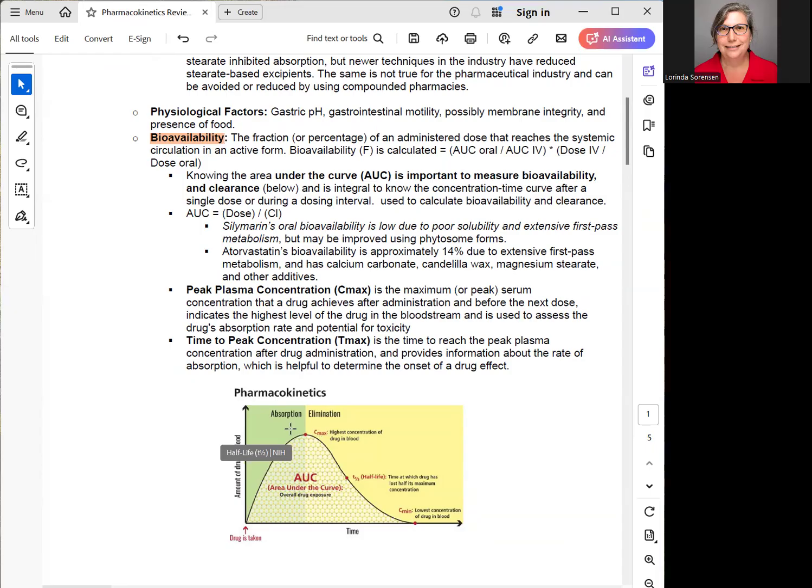Now, in this case, we're also talking about elimination being a combination of excretion, which is the typical term associated with pharmacokinetics, but elimination also includes metabolism. And both of these drugs are metabolized in the liver. In here, there's time to peak concentration. Also, that's listed as a factor, not necessarily for bioavailability, but just something to know that exists.